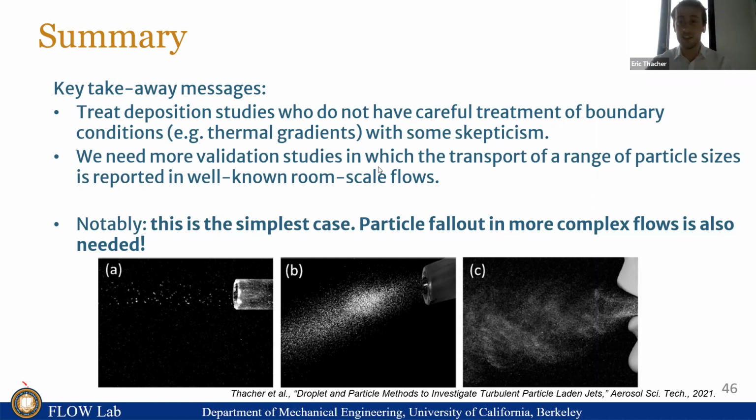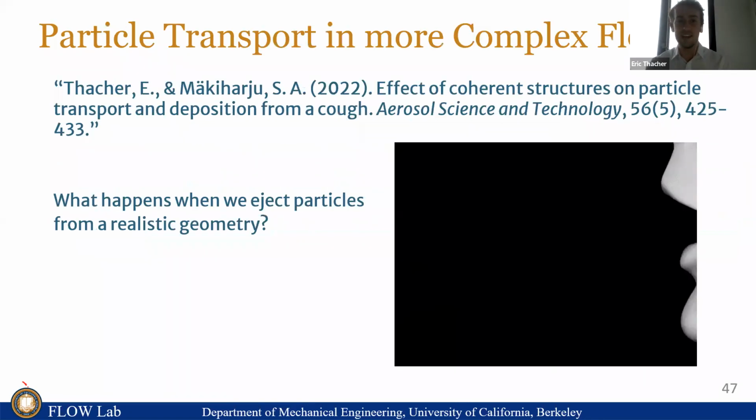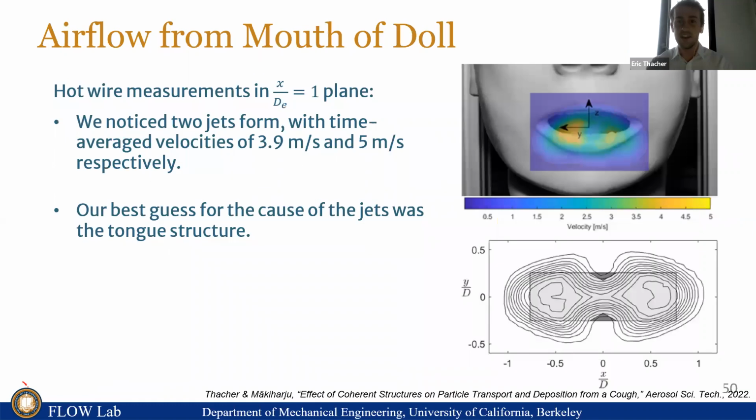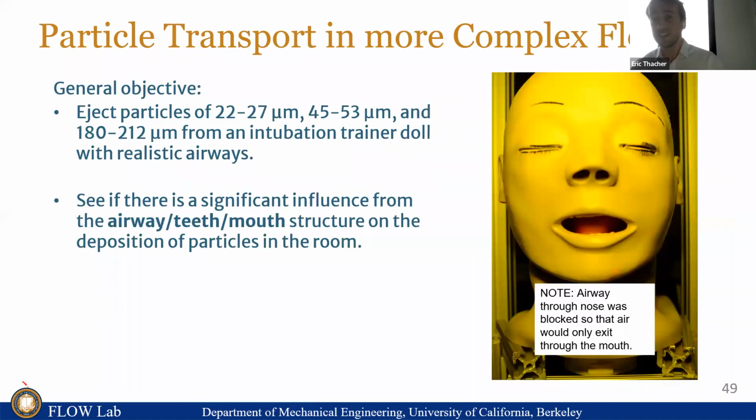I have some slides going through that I could quickly go through here. Basically, this is what the intubation trainer looks like. It looks a little creepy, to be honest. But essentially, we blocked off the nose structure and we're just ejecting it through the mouth. What we did was that we had this particle trap, which is basically like a wire mesh below the bottom of the airways present in the trainer.